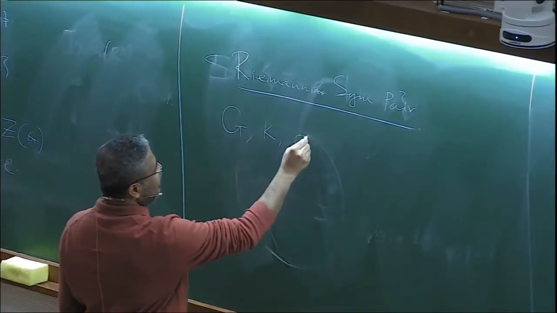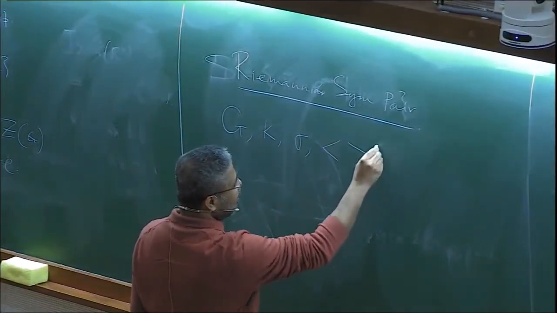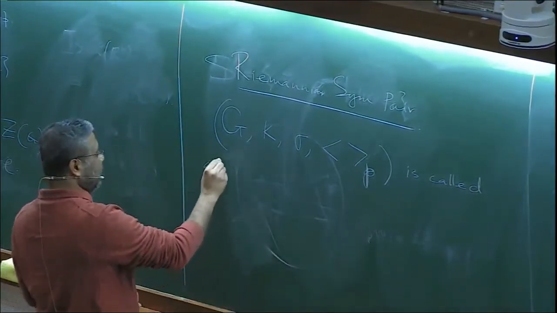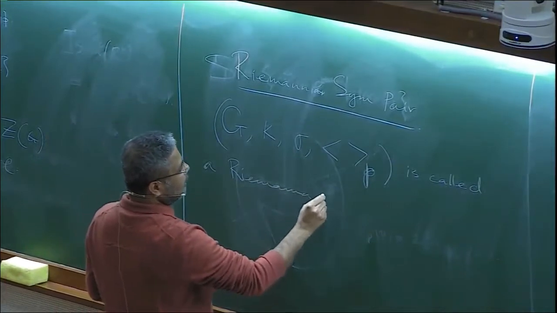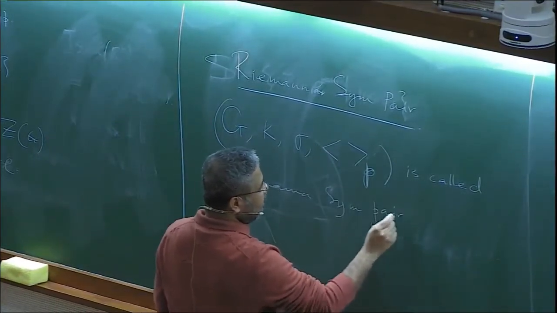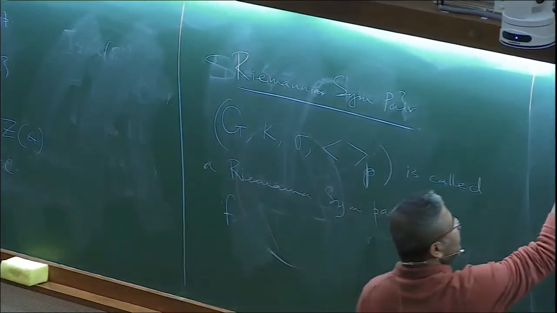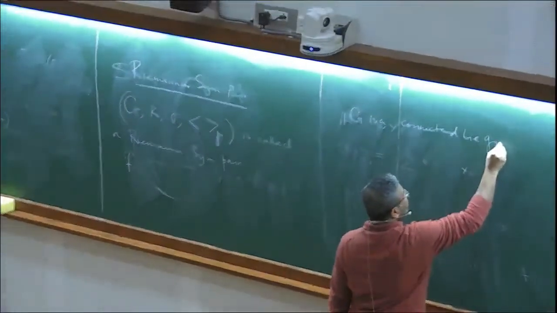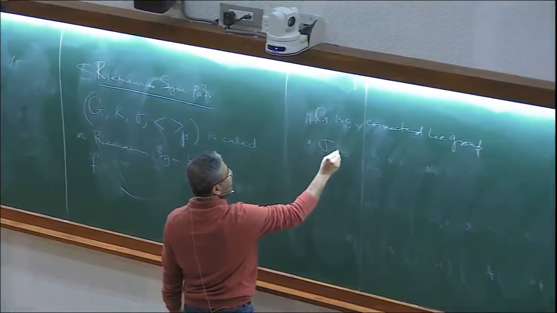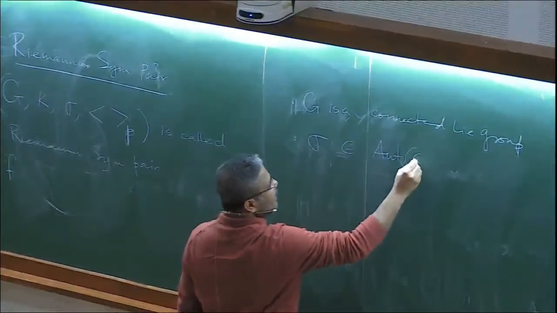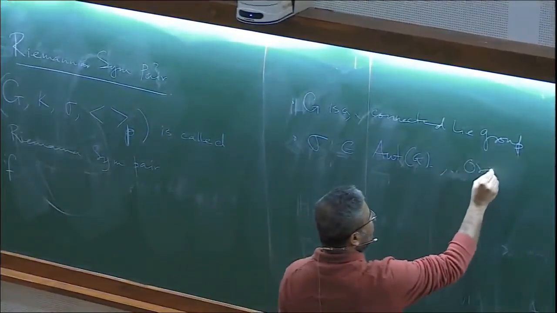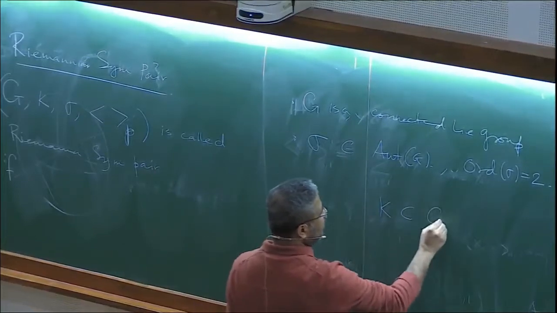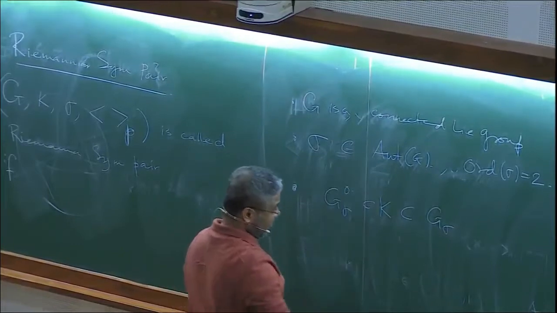G, K, sigma, I'm going to write down what they are. It is called a Riemannian symmetric pair if G is a connected Lie group, sigma is in Aut of G, a smooth homomorphism of order 2, and K is a closed subgroup of the form G sigma naught.